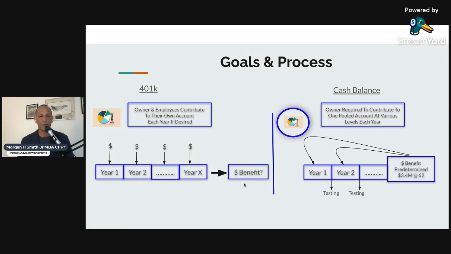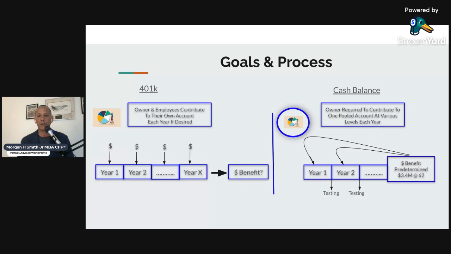We don't know what that's going to be, but it's a future benefit whose dollar amount is really undetermined as the years go on. In a cash balance plan, as a reminder, the owner is required to contribute all the funds into one pooled account at various levels each year. Now, what we do in a cash balance plan, we actually reverse engineer the process. So you start off by determining a future predetermined benefit for each employee.